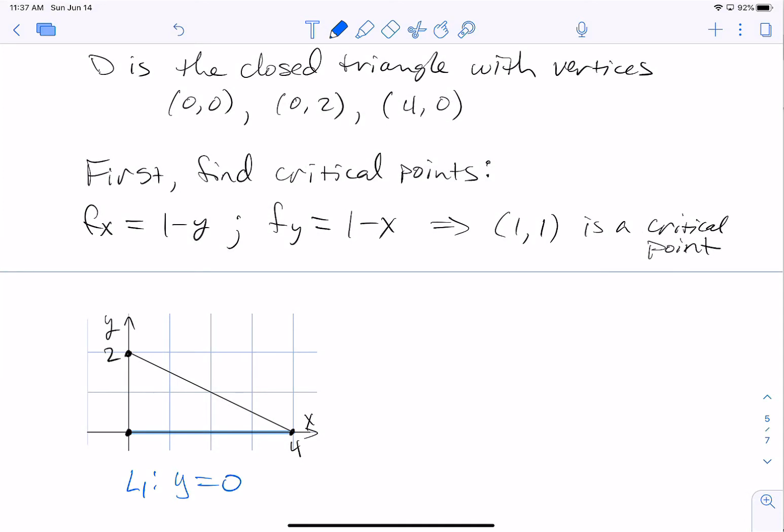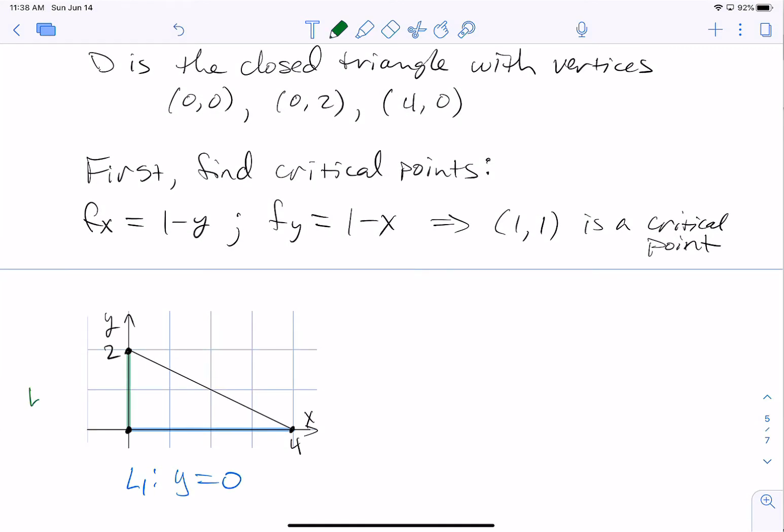It's the x-axis. The segment that goes from 0, 0 to 0, 2 is, of course, along the y-axis, and I'll call that L2, and it has the equation x equals 0. The segment that connects 0, 2 to 4, 0 is part of the line that I'll call L3, and it has an equation y equals 2 minus 1 half x. We'll take each of these in turn.